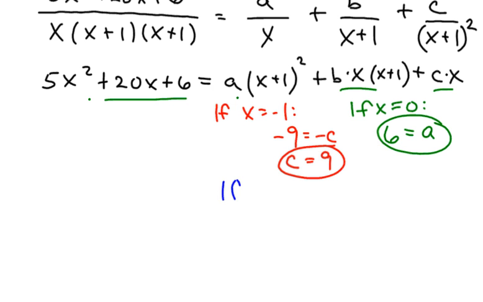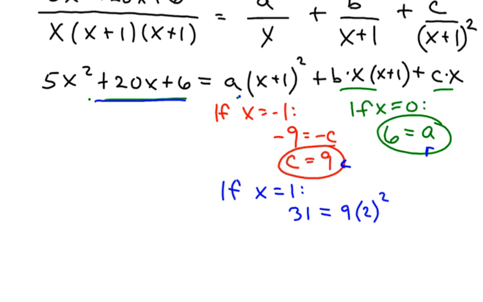So the next easiest thing to evaluate besides -1 and 0 would be 1. Now, not everything's going to cancel, but now you have the unknowns of a and c that you can plug in. So if x equals 1, on the left you would get 5 plus 20 plus 6, which is 31. And on the right, you would have a, which is 6, times 1 plus 1 squared.